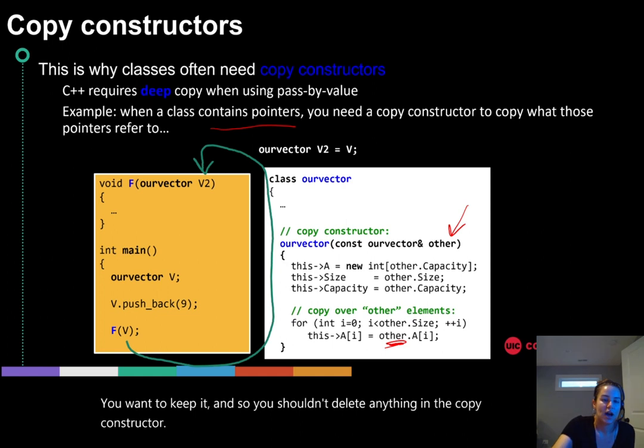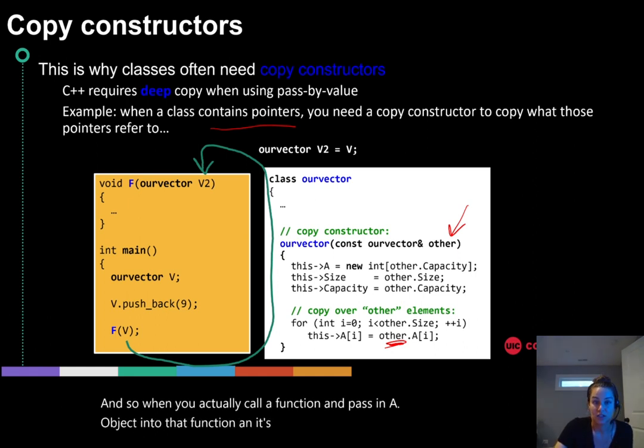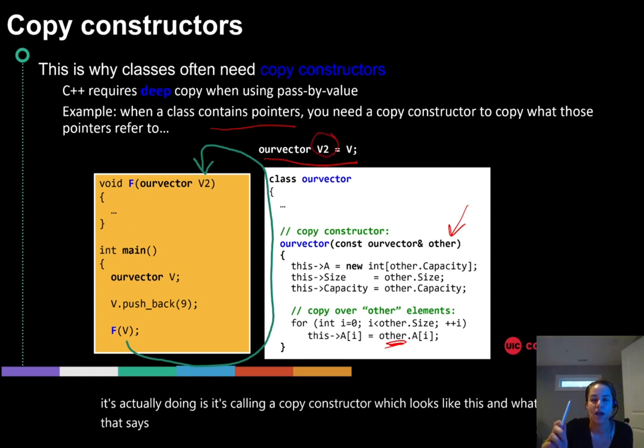And so when you actually call a function and pass in an object into that function, and it's passed by value and it needs a full copy, what it's actually doing is calling a copy constructor which looks like this. What that says is make v2 an exact copy of v, but make it a deep copy.